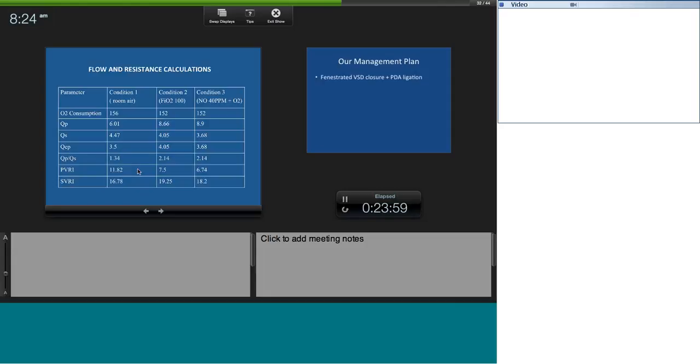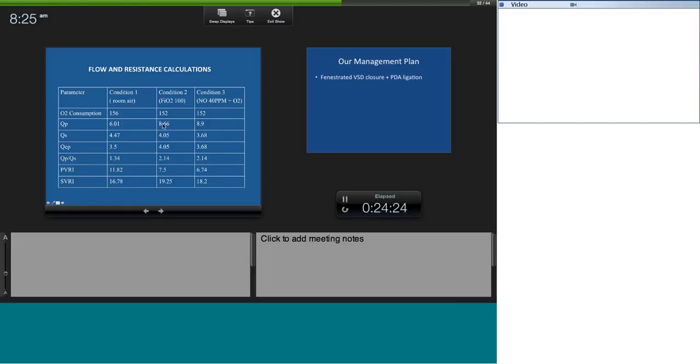Having condemned the oxygen study, we still gave oxygen and saw the response, and after that we gave nitric oxide and saw what the response was. So let's look at all the numbers. Oxygen consumption is assumed. It's a mistake to think that this is the most exact number. QP baseline 6, 1.34:1.